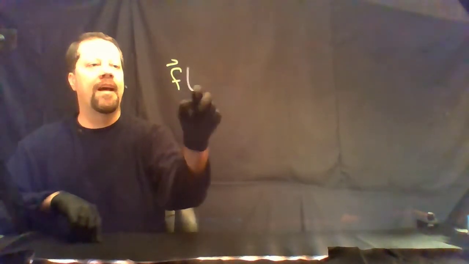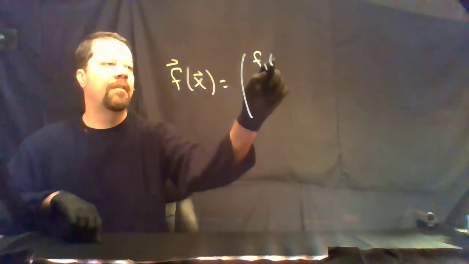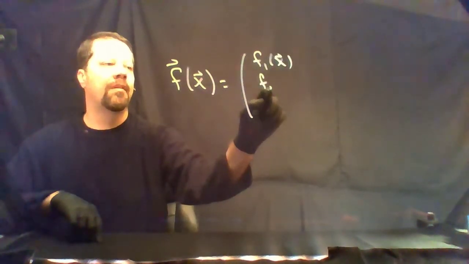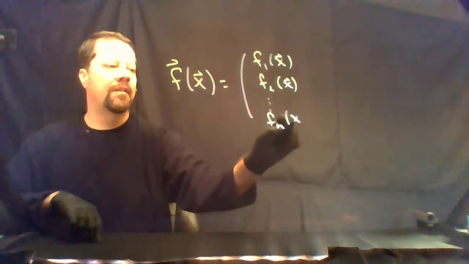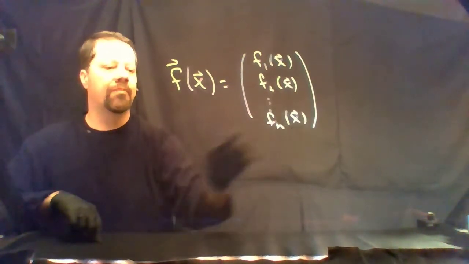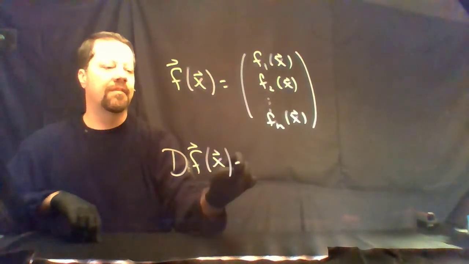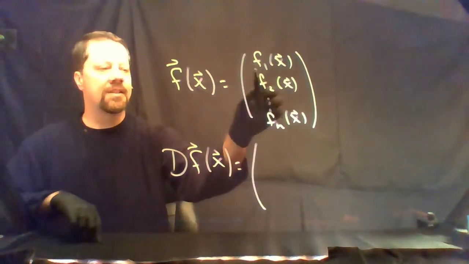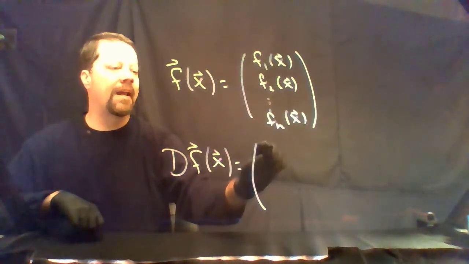If f has the form f1 of x, f2 of x, fn of x, then df of x will consist of partial derivatives of each of these functions in the following way.